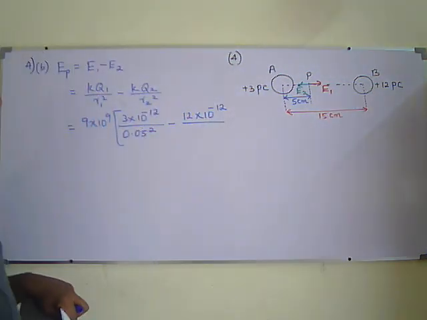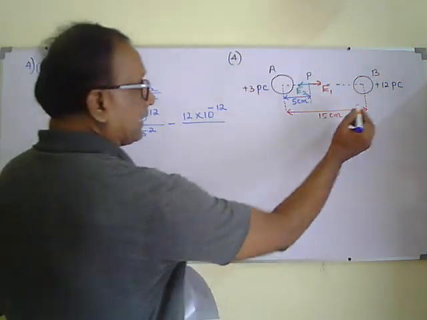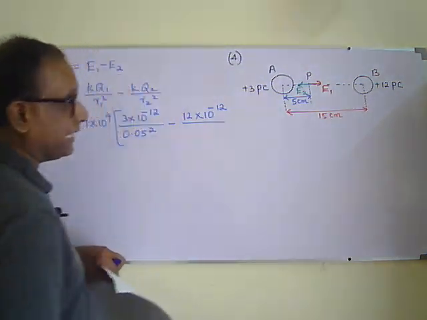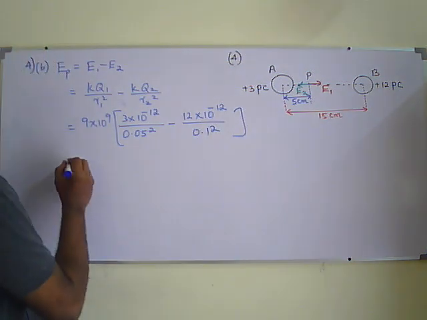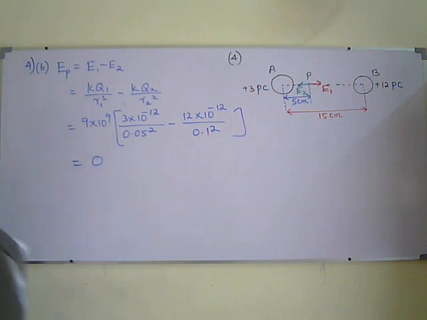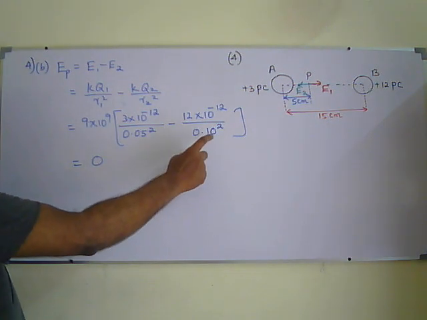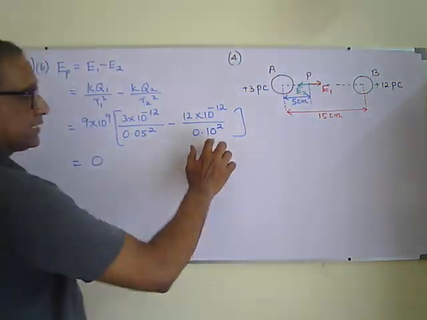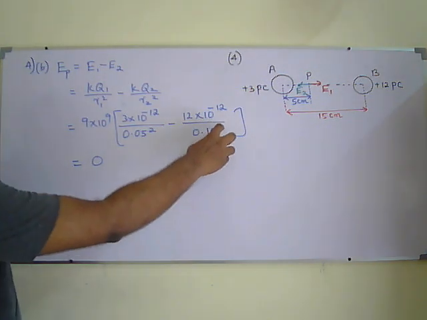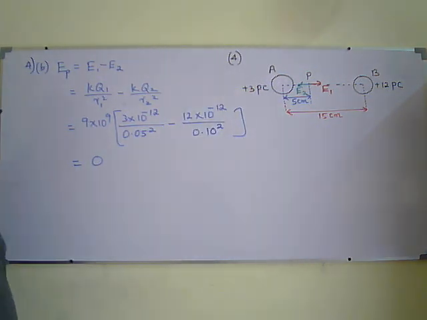We can assume like that. Several times I explained that. So that distance will be 10 centimeters from the center of B. So 0.1 squared. Solve it, you will get 0. Yeah, that is 0.1 squared because this is 10 centimeter. So you'll get electric field strength, that is 0.